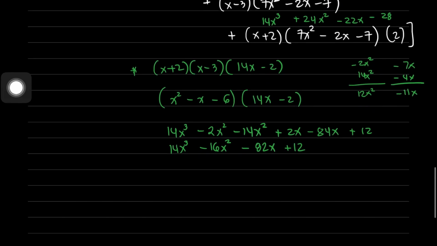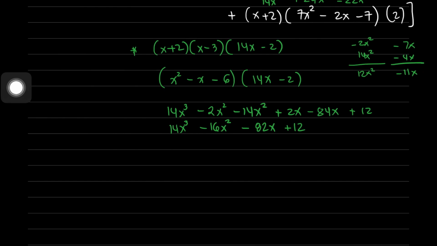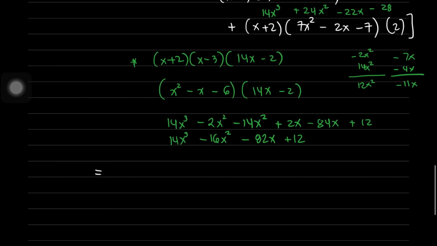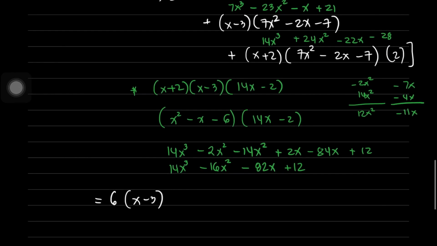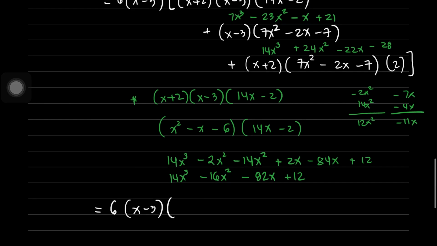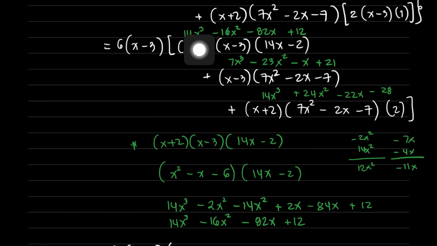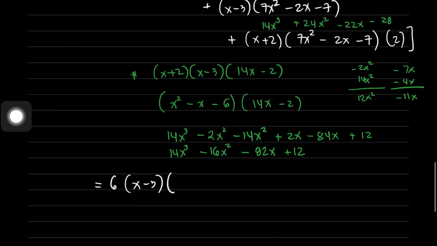We're now going to simplify the expression. So this is now equal to 6 multiplied by x minus 3. Right? So if we're going to collect similar terms now, we have 14x cubed plus 7x cubed, so that will give us 21x cubed plus 14x cubed, so that will give us 35x cubed.